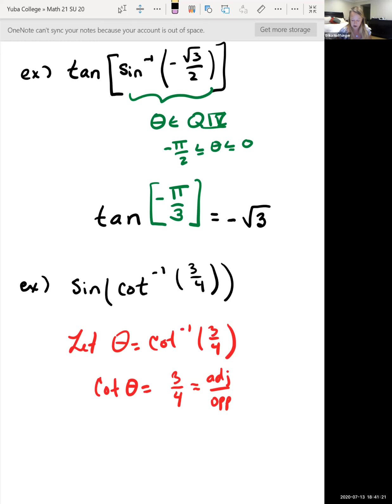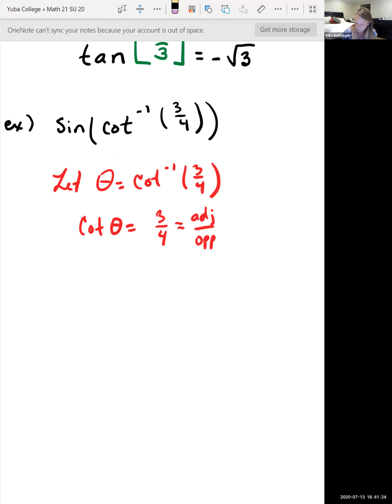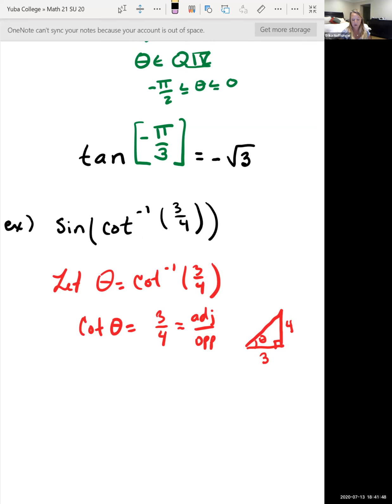So let's make our triangle. If we put theta here, adjacent is down here, 3, opposite is 4, and we need to figure out what the hypotenuse is. Do we know what quadrant this is in? We can determine that because we're dealing with cotangent inverse, and it's positive.